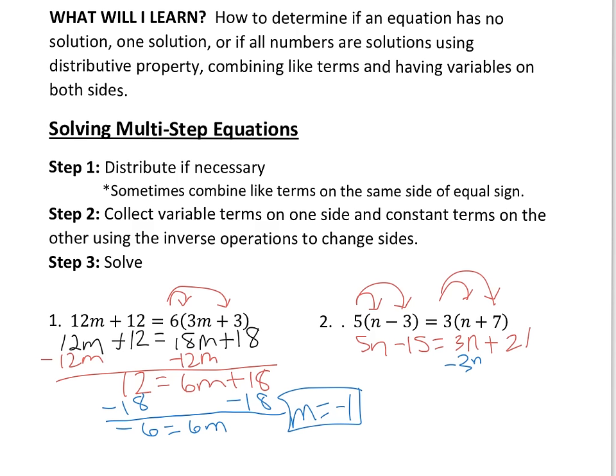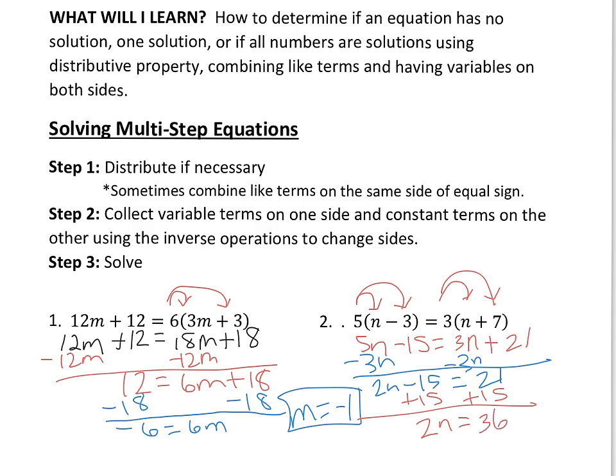So I subtract 3n from each side, and I have 2n minus 15 equals 21. My next step is to add 15 to each side, and I now have 2n equals 36. Divide each side by 2, and n equals 18.